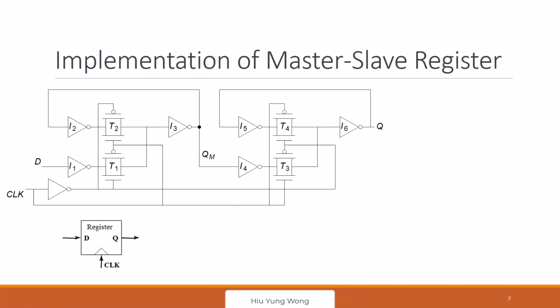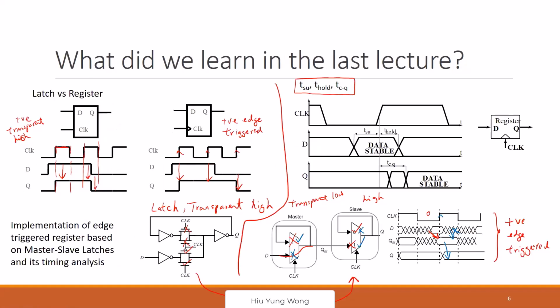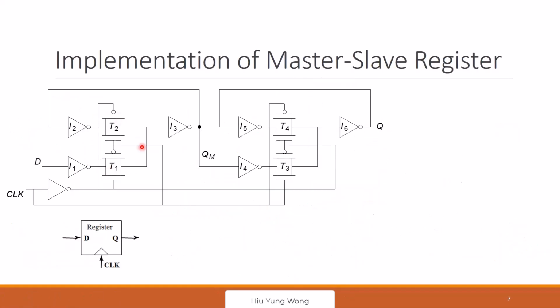Now, if it is clear, we want to see how we implement it. It is not too difficult. What I'm doing is just expanding the transparent low and transparent high latch. Remember here again, I have a multiplexer, which is the latch, transparent low and transparent high, and I put it here. This is exactly what we are doing.